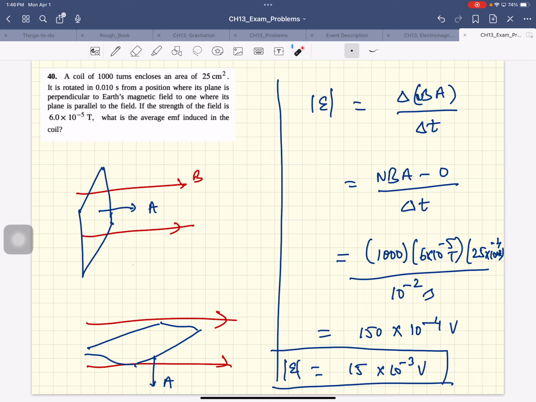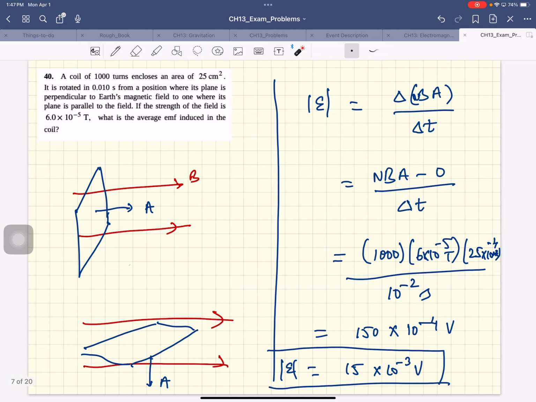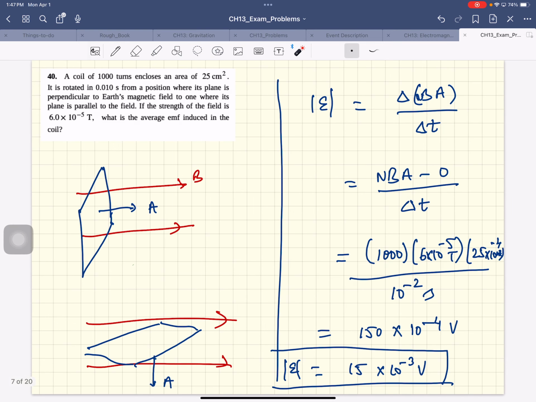Okay. So you took a 1,000 turn coil and turned it within 10 milliseconds in the Earth's magnetic field, and the voltage induced was 15 millivolts. Okay, this is sort of the reverse of the problem we saw.